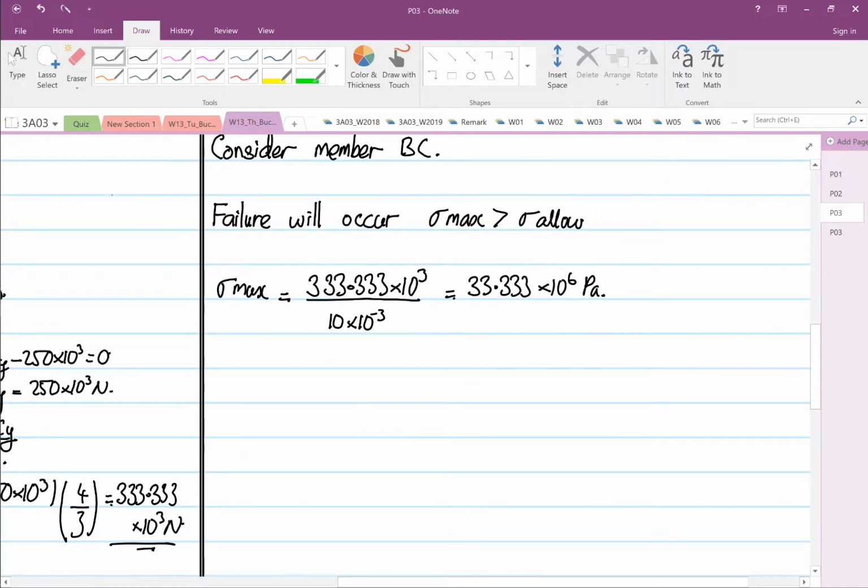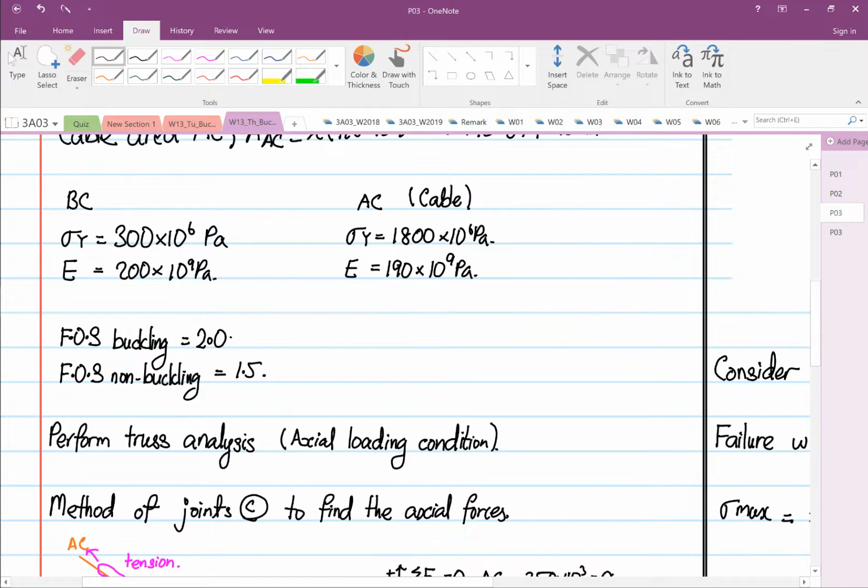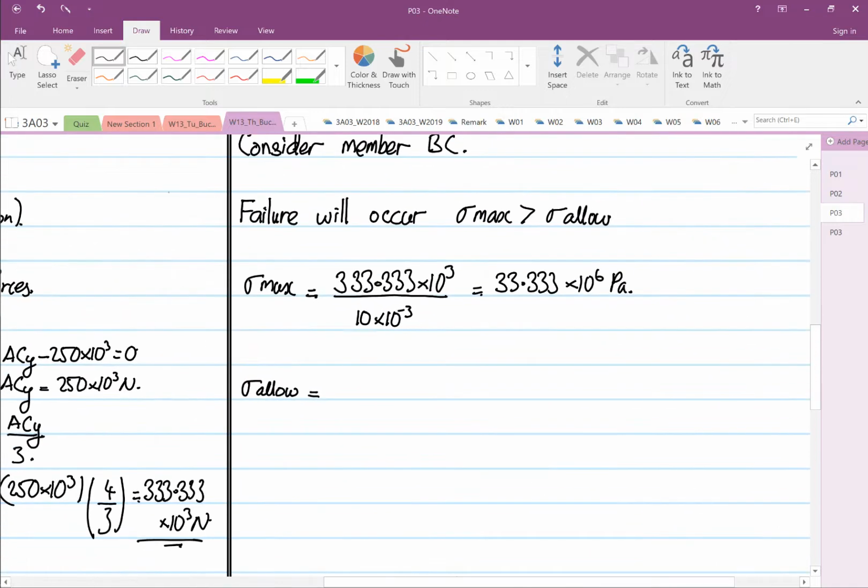And then the stress allowable, what is allowed by the material property, is 300 times 10 to the power 6 divided by 1.5. So that is 200 times 10 to the power 6 Pascal.